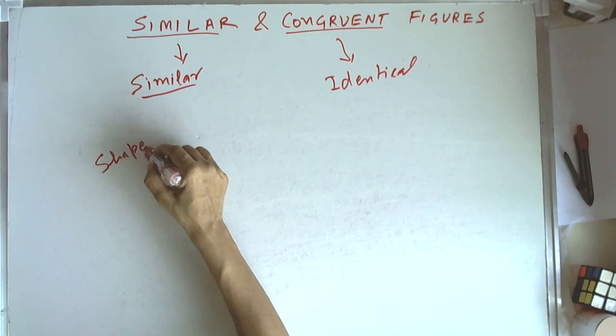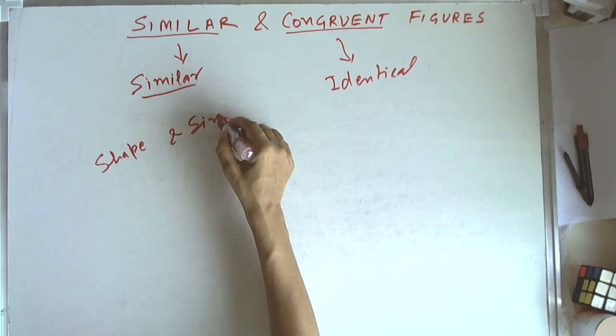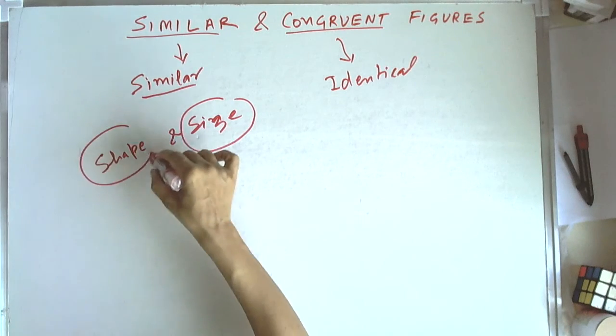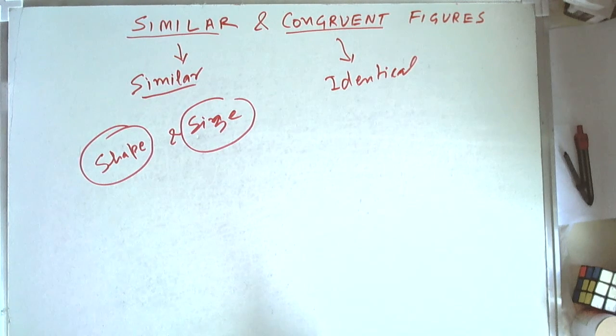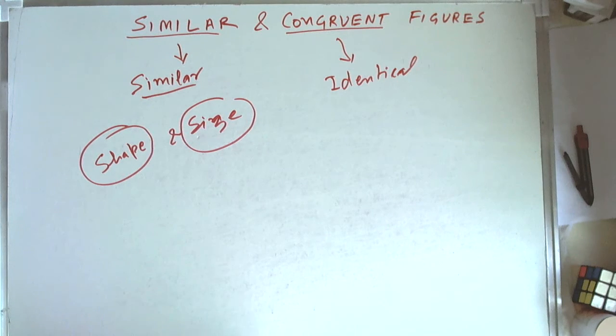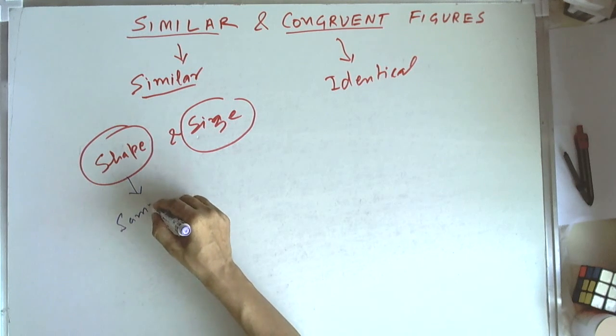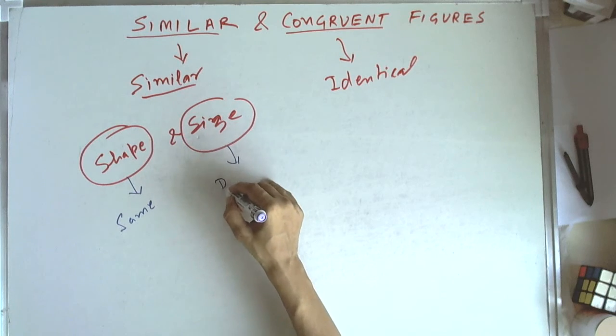For a similar figure, shape is same. Same shape, but size different.